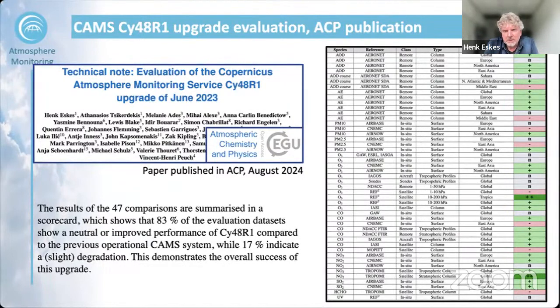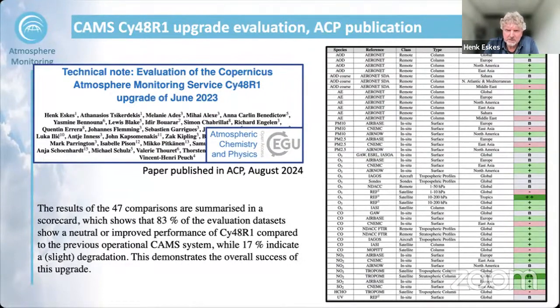And the column on the right gives sort of the relative score. So if it's green, basically we see that CAMS is performing better compared to the previous system, so the operational system, which was in operations before. That was cycle 47R3 in this case.